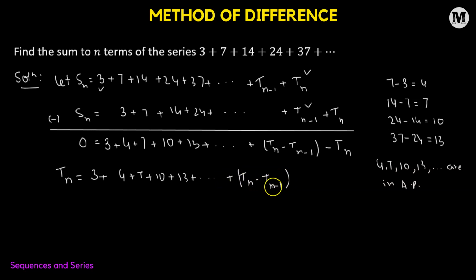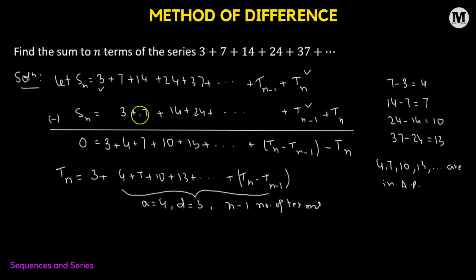Now Tn is a single term. Immediately we can observe that the rest is an arithmetic series. For this arithmetic series, the first term equals 4, the common difference d equals 3, and it has n minus 1 terms. Why does it have n minus 1 terms and not n terms?